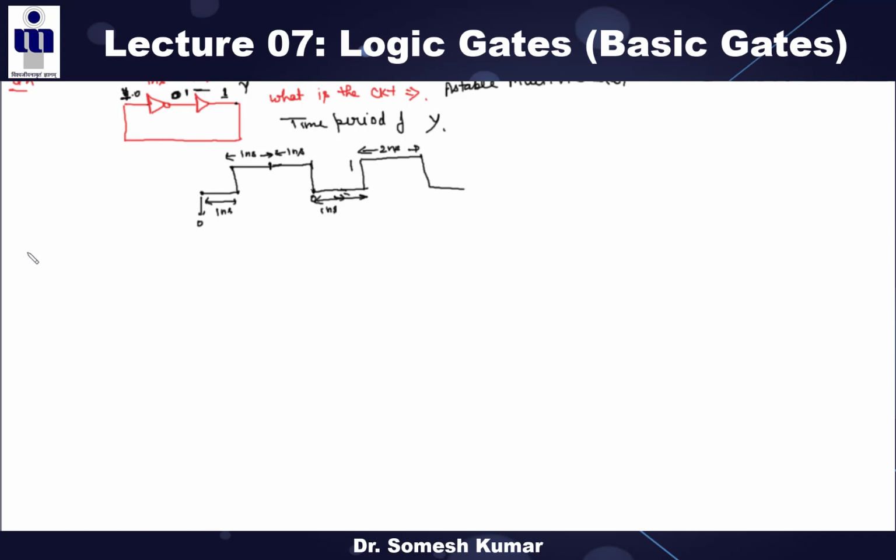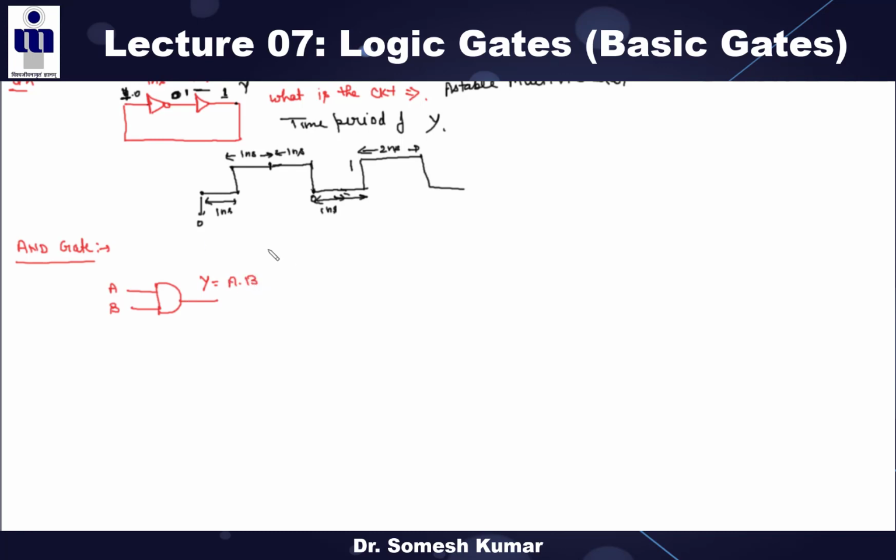So the next gate we will study is your AND gate. Maybe all of you know about the AND gate, so I am giving a quick revision of this AND gate, right? The symbol of the AND gate is this. Two inputs. What is the output? A dot B. Clear?